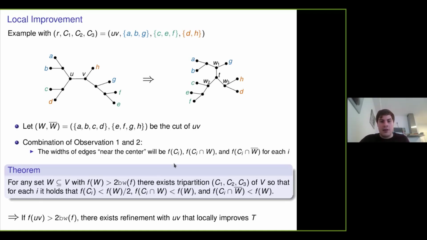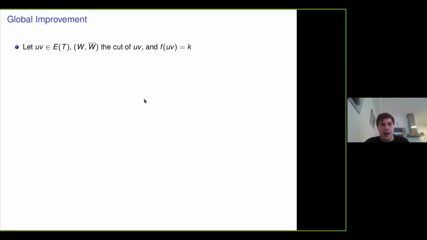And here we say, okay, let's have this W improvement, a refinement that locally improves T, so it improves at least around this center, around this edge UV. And here we don't care what happens below.